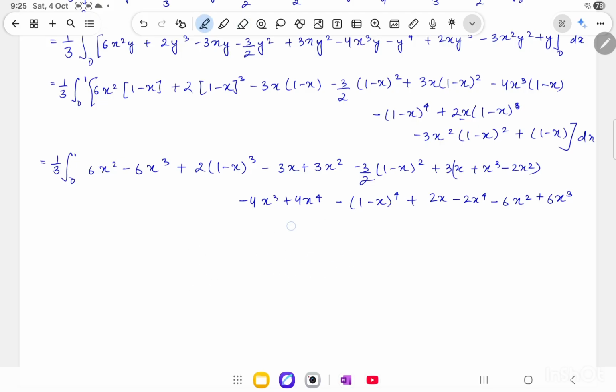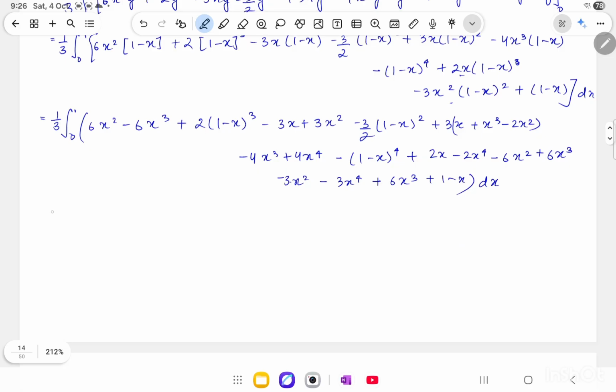Okay, and this term reduces to minus 3x square into (1 plus x square minus 2x). That will be 3x square minus 3x raised 4 plus 6x cube plus (1 minus x) dx.